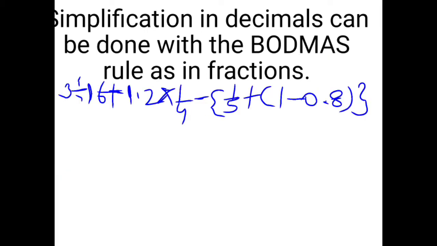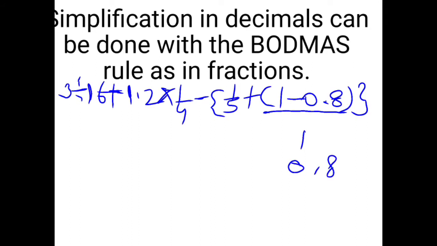In this question we have brackets and addition, multiplication, division, subtraction, all are there. So let us discuss. First we will solve the simple bracket, then the curly bracket. To remove this simple bracket, first we have to find the subtraction of these: 1 minus 0.8.